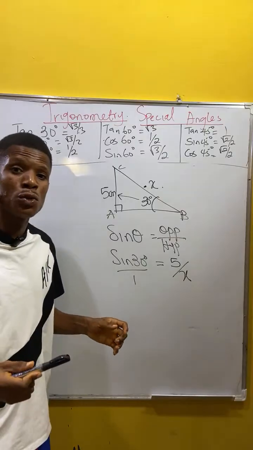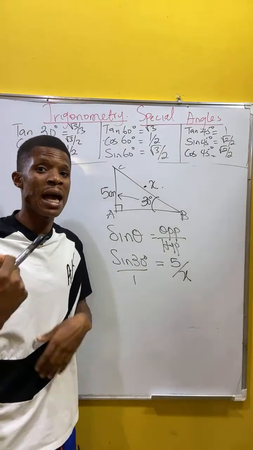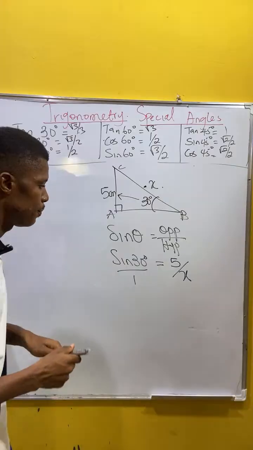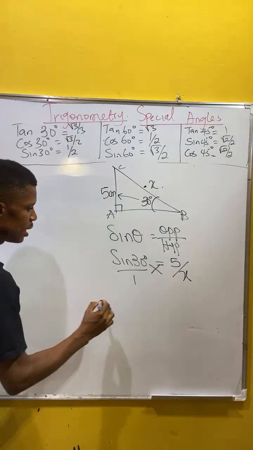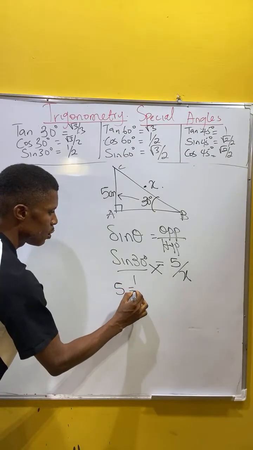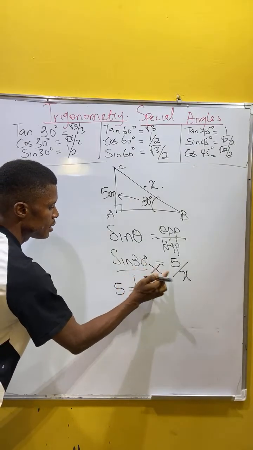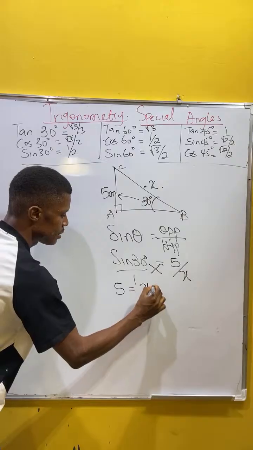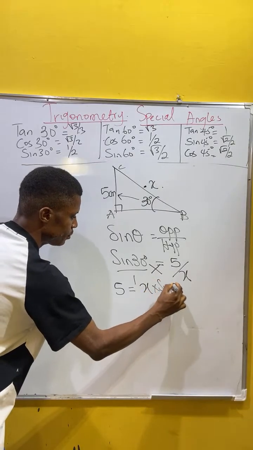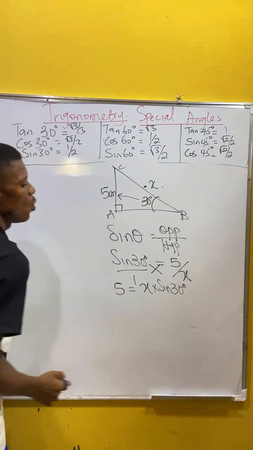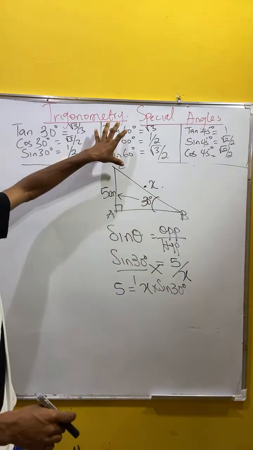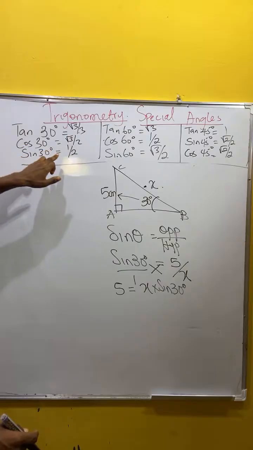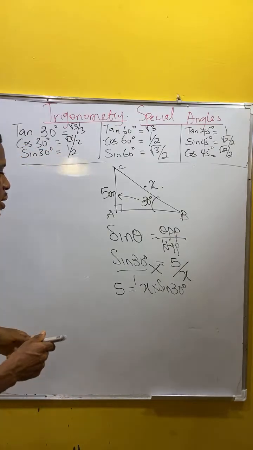So the next thing you do here is just to cross multiply. If you cross multiply, you can see that 5 is equal to x times sine 30 degrees. What then is the value of sine 30 degrees? Go to the ratios. Sine 30 is 1 over 2.